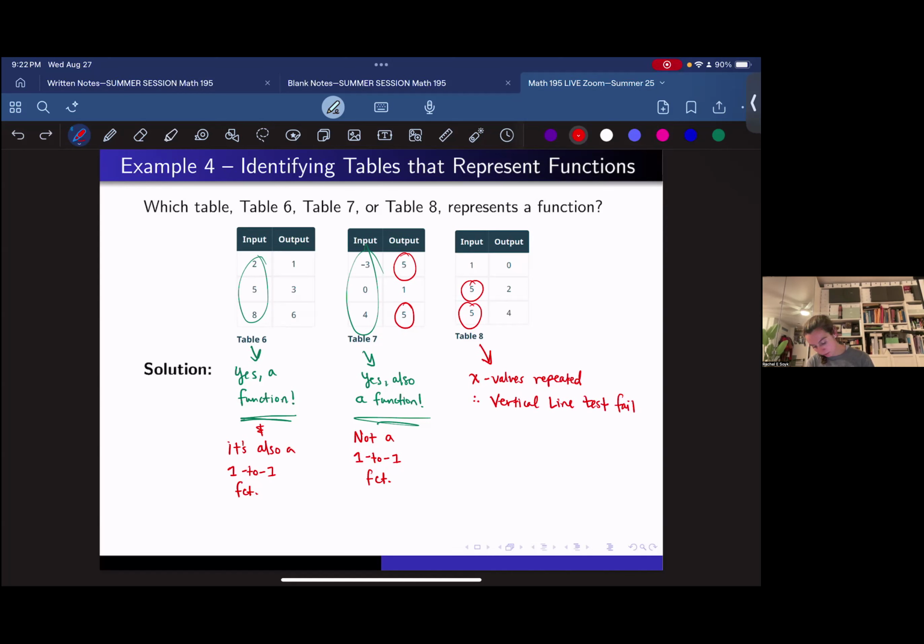And we do not have a function. Okay, and we're done.